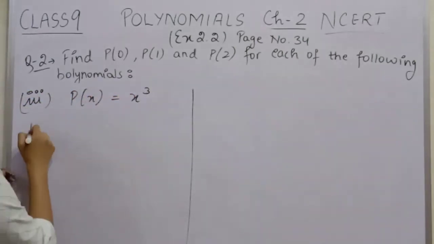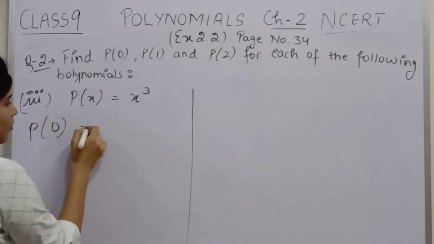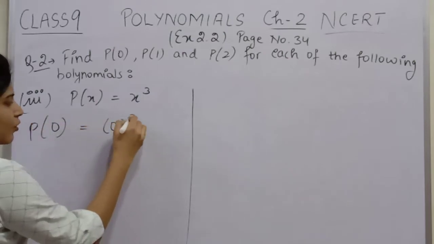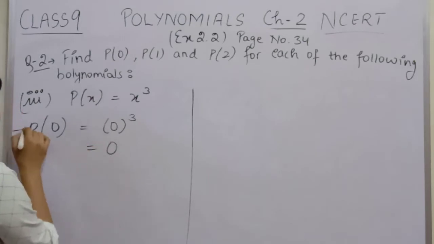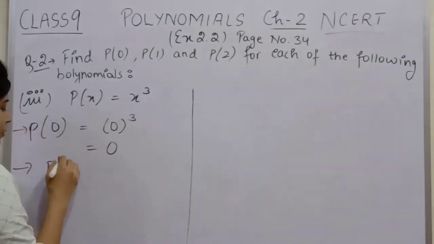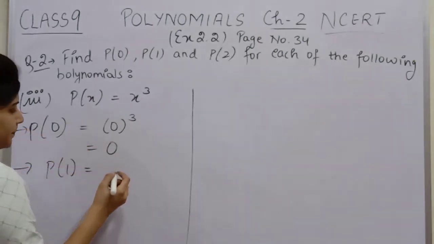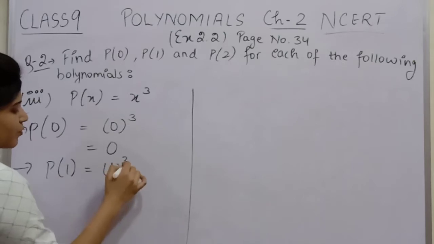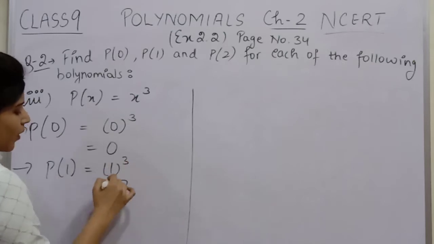So for this we have to calculate p(0), which is 0 cube, which is 0. Right? p(1), which is 1 cube, which is 1.